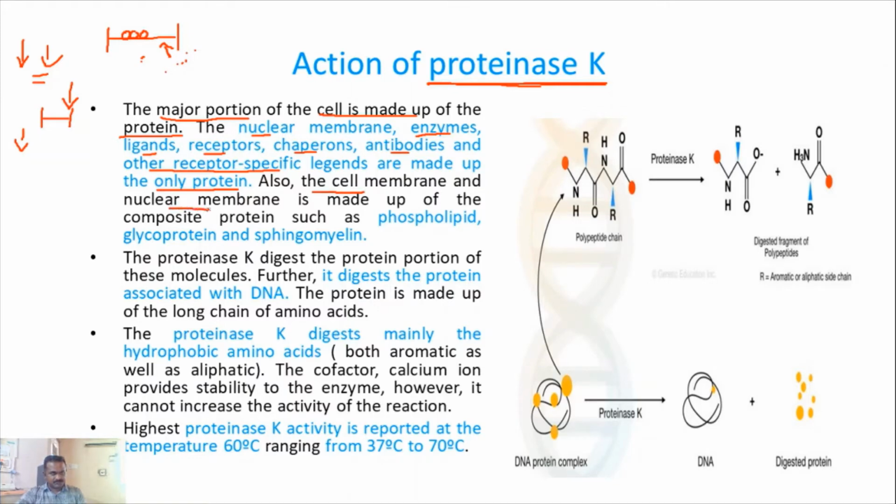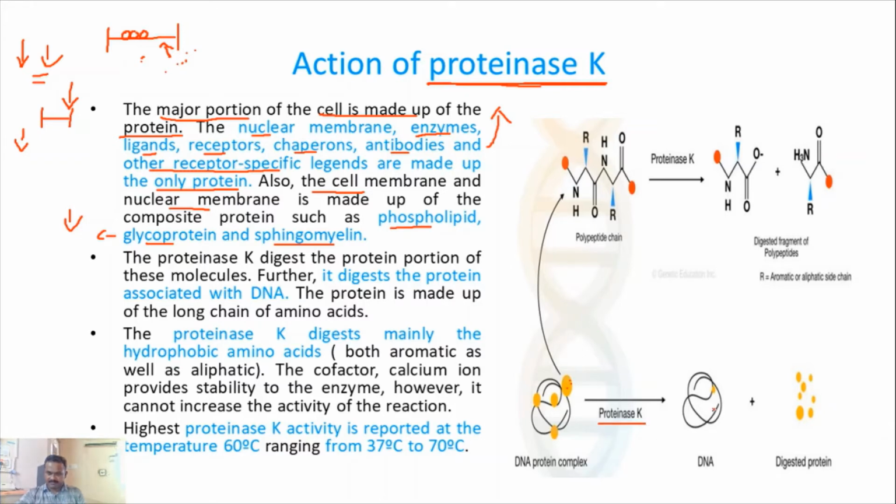Moreover, the cell membrane or nuclear membrane also contains phospholipids, glycoproteins or sphingomyelin. These are modified forms of protein, and those proteins must be removed. They are degraded by proteinase K. Here, simply explained, the yellow color indicates the protein molecule, and this is the DNA.